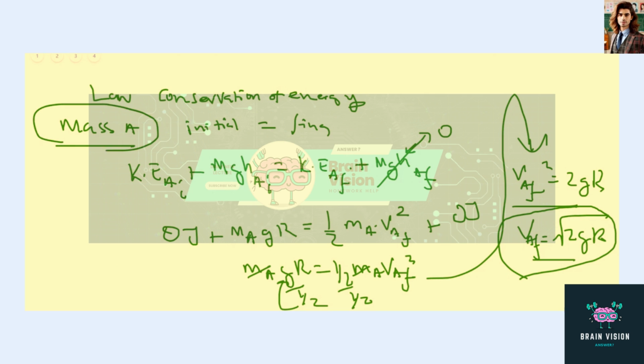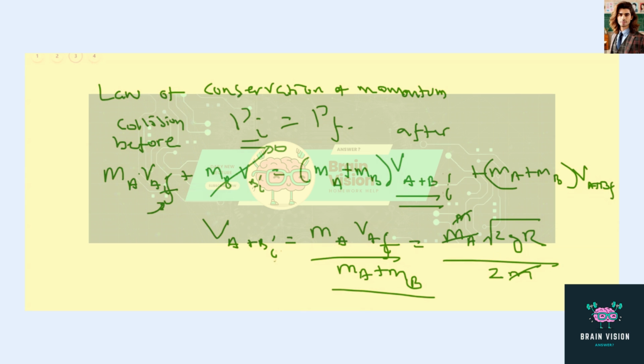This is for mass A, if you can recall. We have the initial potential energy, which is mAgR, and then the final, when it's sliding downwards, is at the base level. Remember, there's no height, so it's going to be zero potential energy. We solve, we get the final velocity of A.